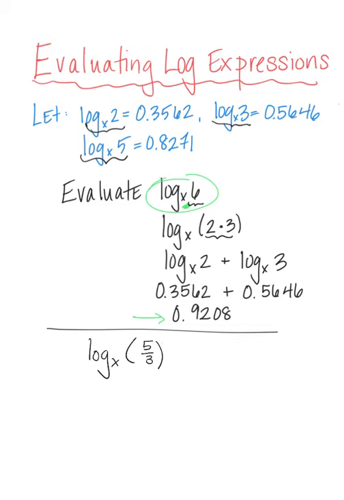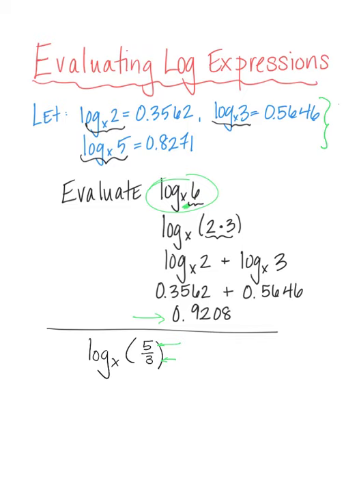I have a definition for log base x of 5, and I also have a definition for log base x of 3. With the first one, when you were given log base x of 6, you had to rewrite the 6 in terms of 2 and 3, so you could use these definitions.